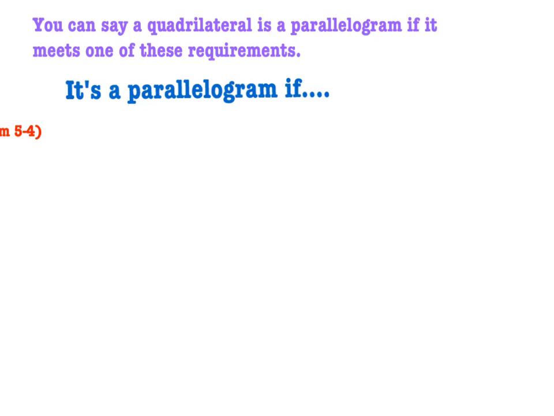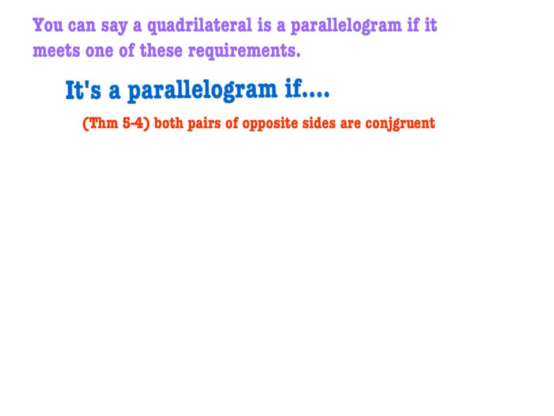A quadrilateral is a parallelogram if both pairs of opposite sides are congruent. So here's one option, theorem 5-4, if both pairs of opposite sides are congruent.